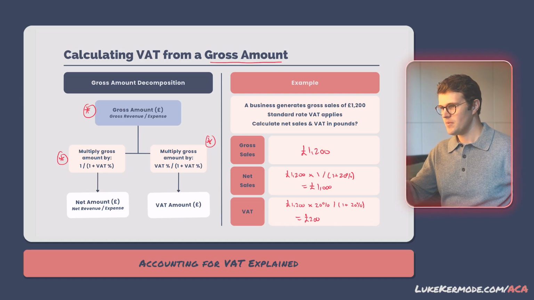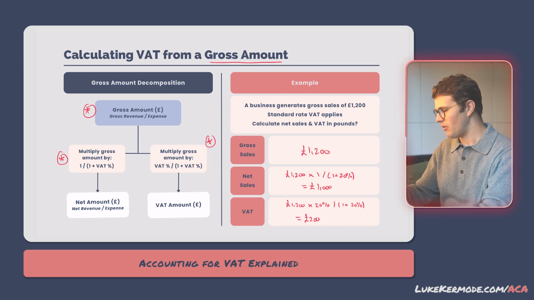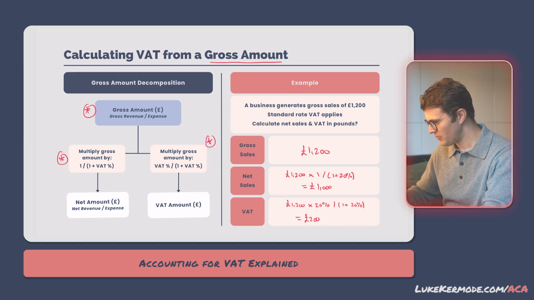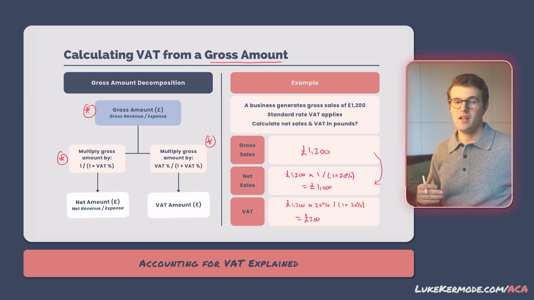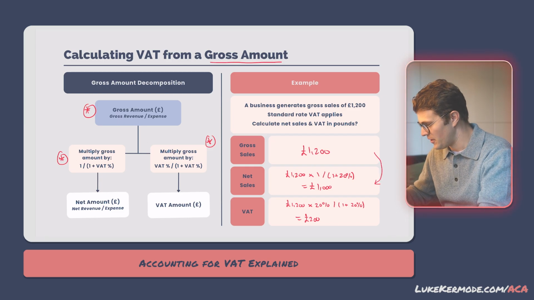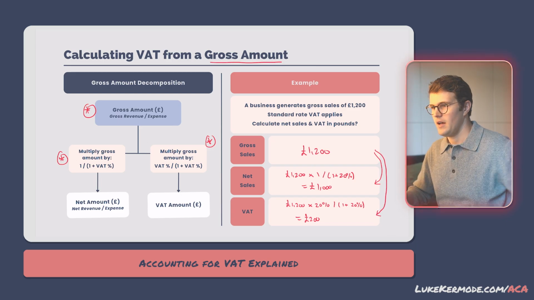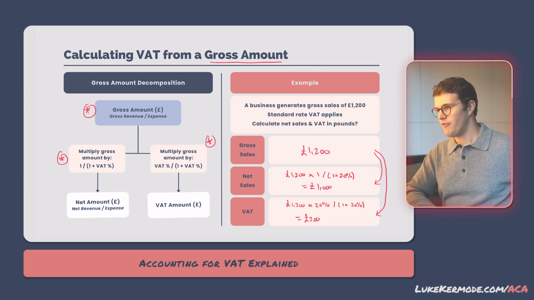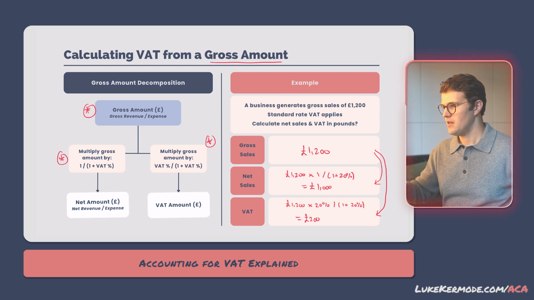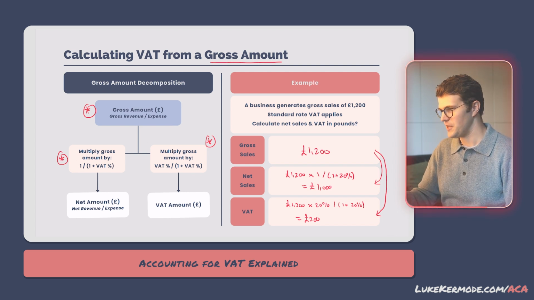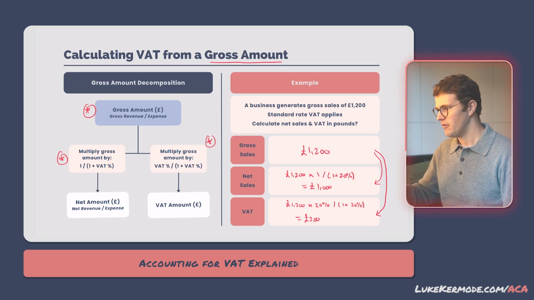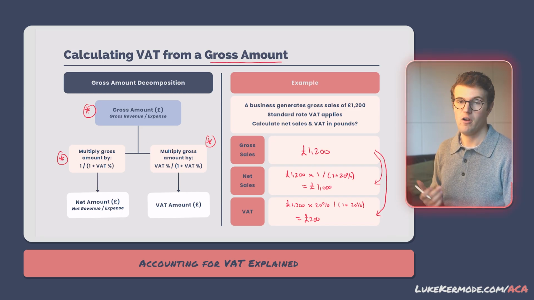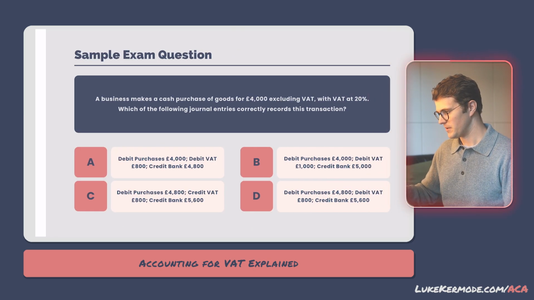So to summarise, from a gross sale amount of £1,200, the business actually only receives £1,000 worth of revenue, and the remaining £200 is VAT, which is the tax that the business needs to pass on to HMRC. So this breakdown is really crucial for correctly preparing VAT returns and also for accurate financial statement reporting.